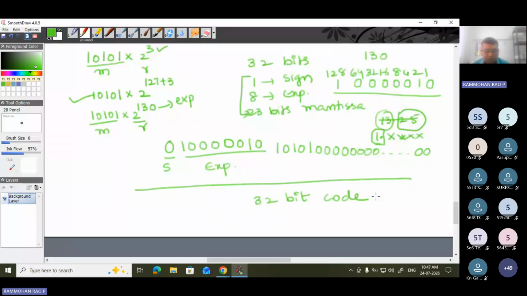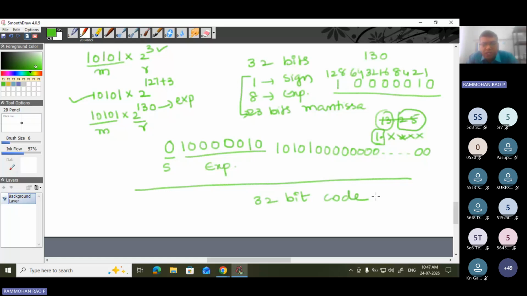Now coming to the question, someone was asking why it is 8 bits only. To represent the sign of a number, 1 bit is enough. Now, this is an architectural issue. Why am I giving an 8-bit exponent? What is the biggest possible exponent for 8 bits? Not just positive, because positive and negative values are both needed. 8 bits give 256 combinations, divided into 2 halves, minus 128 to plus 127.